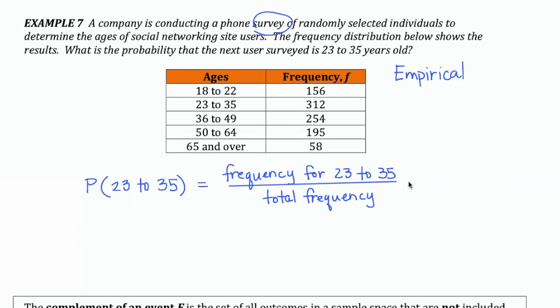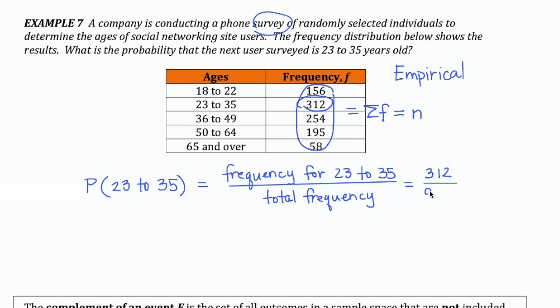So the frequency of a person reported to be 23 to 35 years old is this row in the table, 312, divided by, now in this case, they didn't tell me how many people they surveyed, but using the information in the table, I can go ahead and sum up all of my frequencies, and that will give me my sample size, n, which becomes the denominator of my fraction.